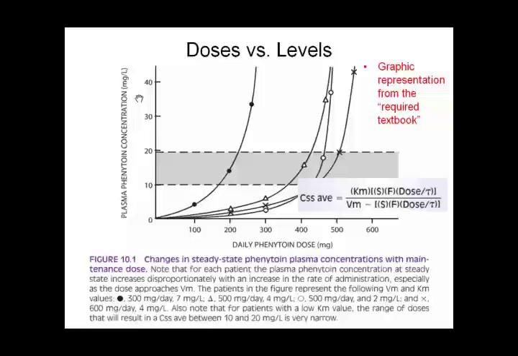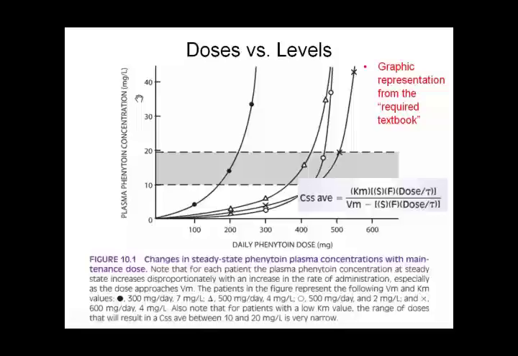The graph here represents 4 patients receiving different dosages, and the measured blood levels in these 4 patients are represented by each line here.